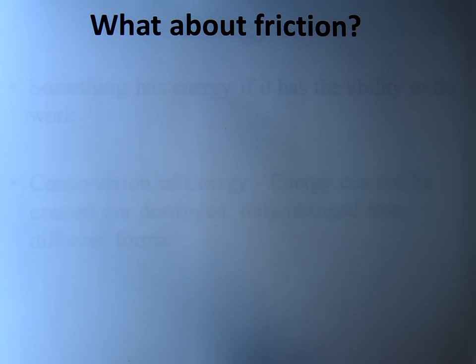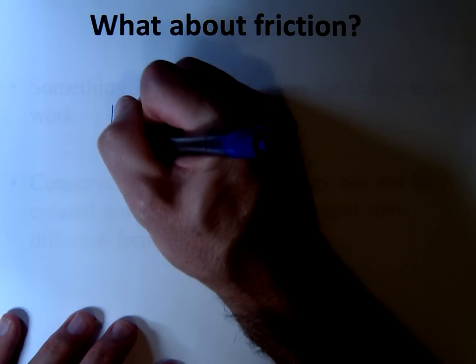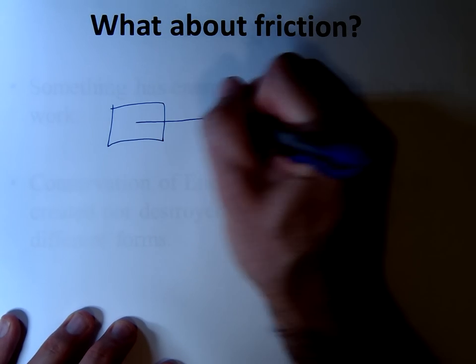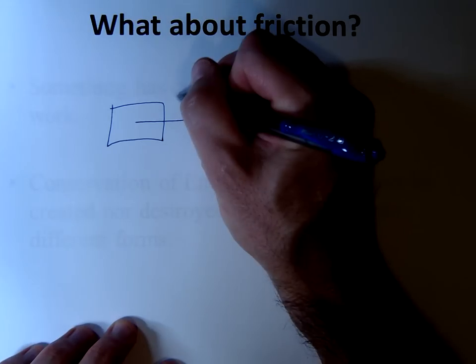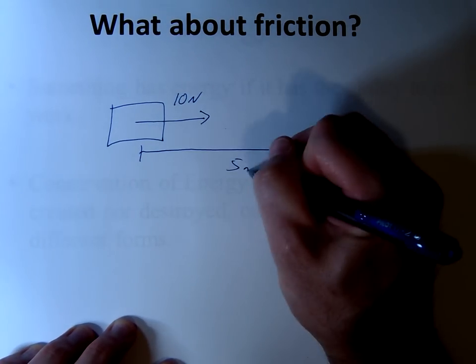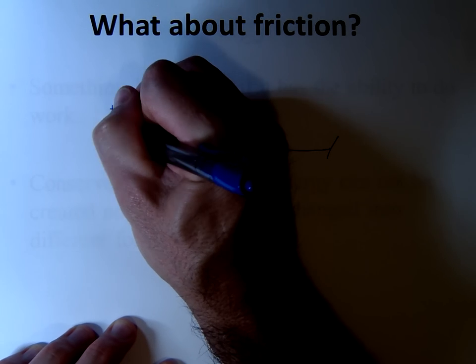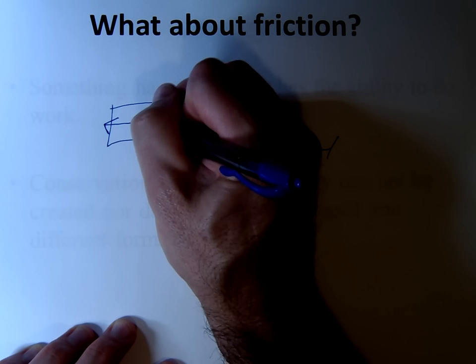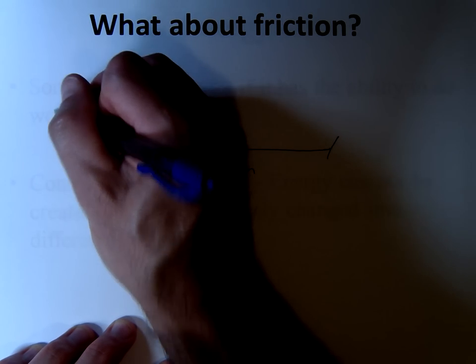What about friction? What happens if we put some friction in the mix? So for example, let's do that very first one that we did when we were pushing with 10 newtons for 5 meters. Let's say this time though there's 3 newtons of friction.